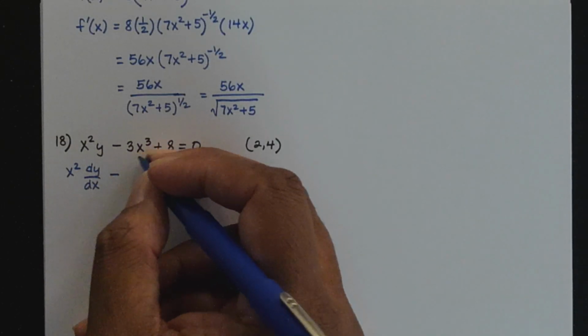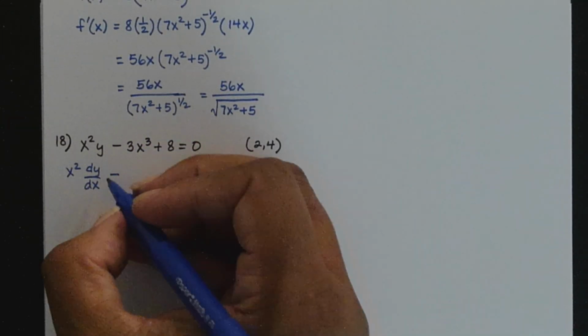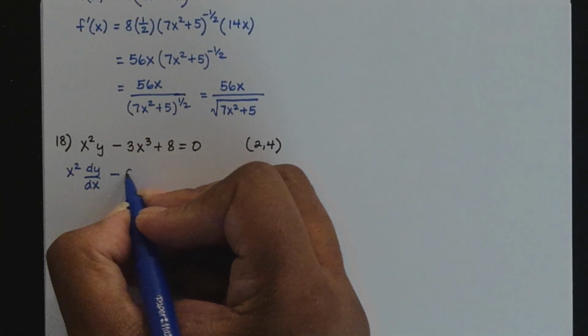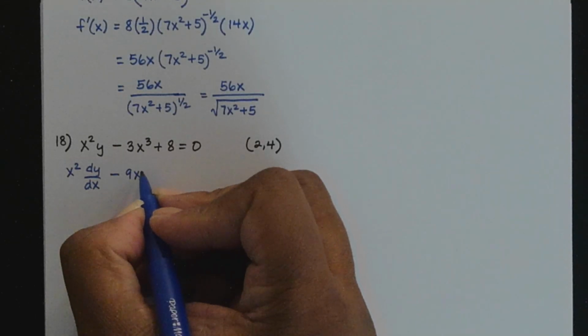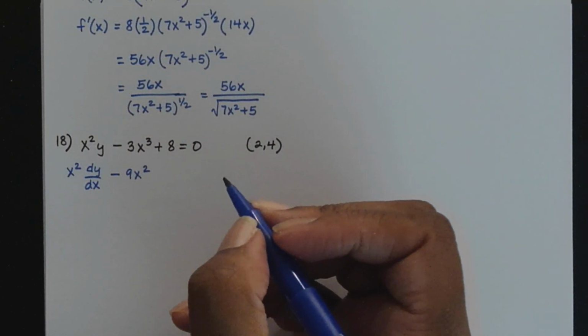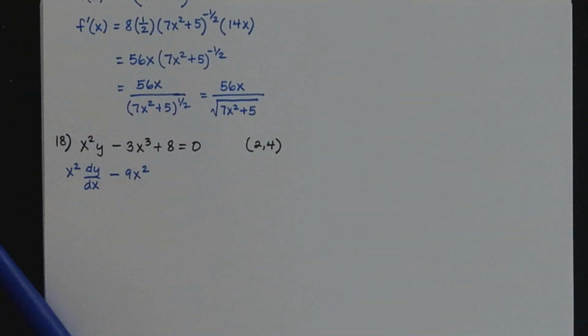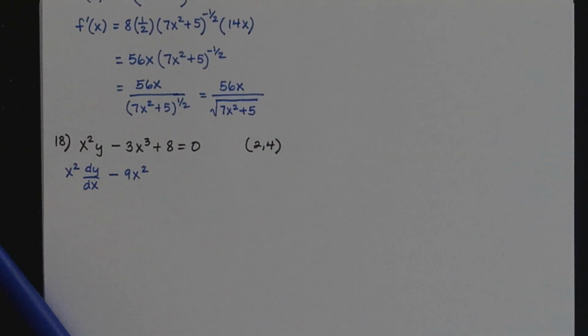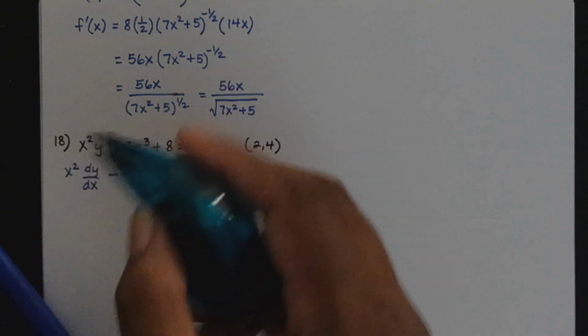And then minus the derivative of 3x cubed. That's going to be what? 9x squared. Yeah, minus 9x squared. Did we not finish the product rule? Oh, that's right. Okay, let me finish this before we move on here.